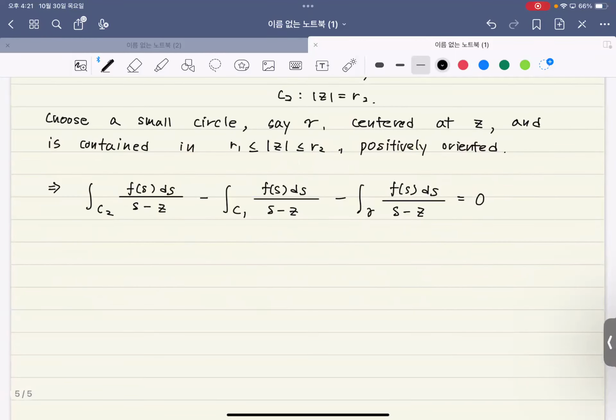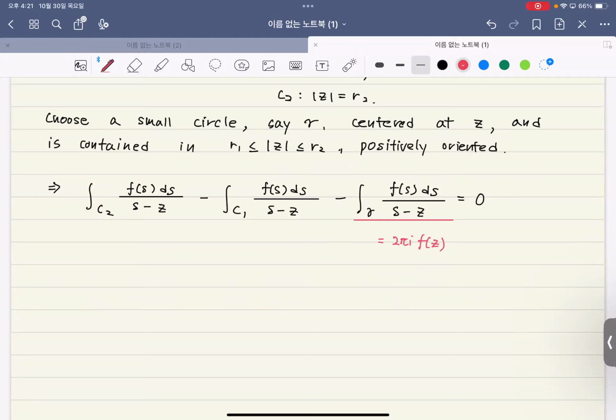Okay, all right. Many interesting things are going on here. I have 3 different terms appearing in this equation, and I feel like this guy is the easiest. Because of Cauchy's integral formula, I know that this guy is 2 pi i times f of z.